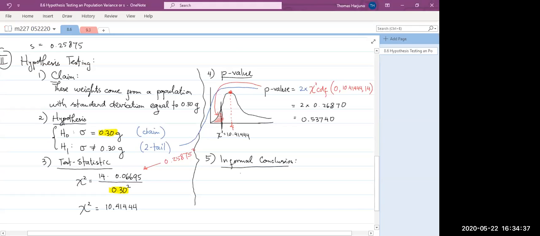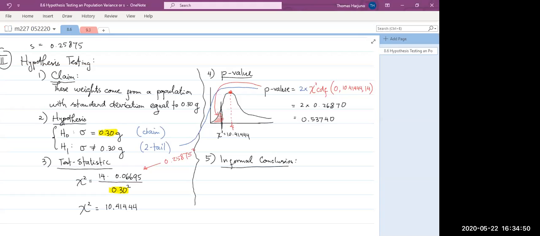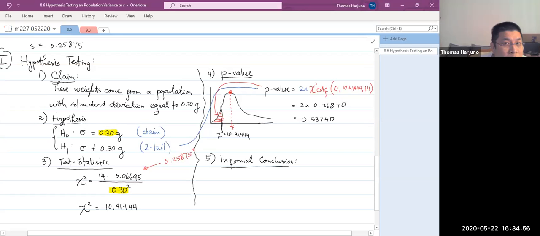Thomas, every time we want to calculate chi-square CDF, do we have to do the instruction like last time over again? To put in the chi-square CDF, it is on your distribution menu. Let me show you. Not the inverse chi-square.